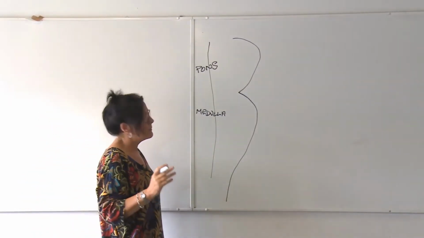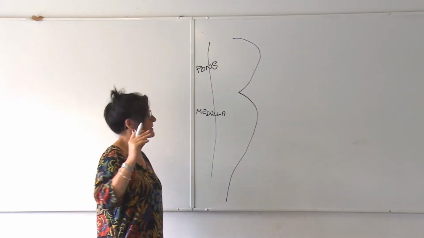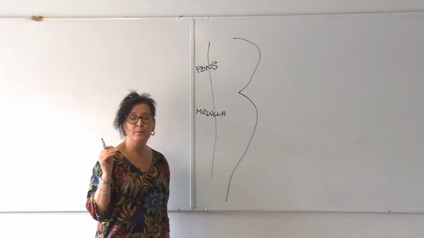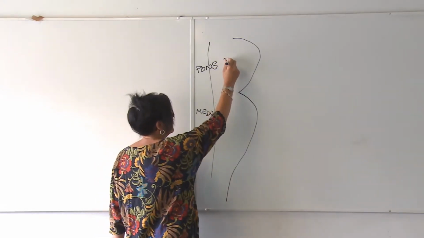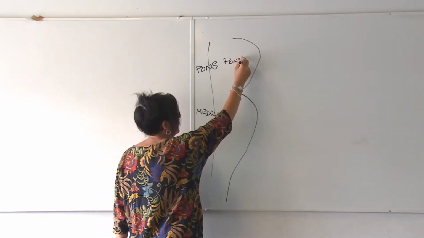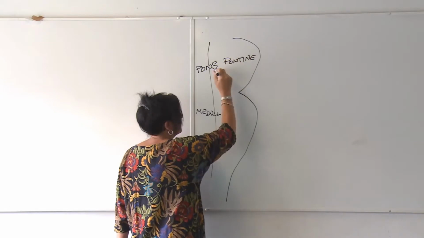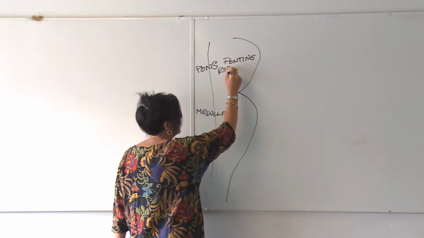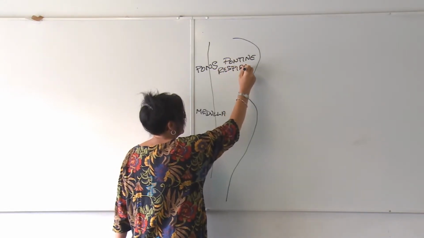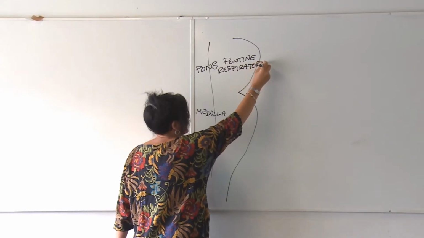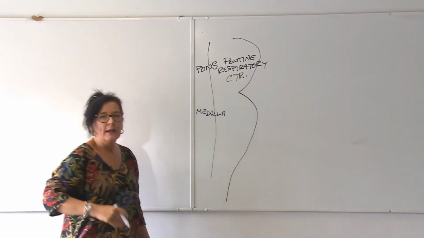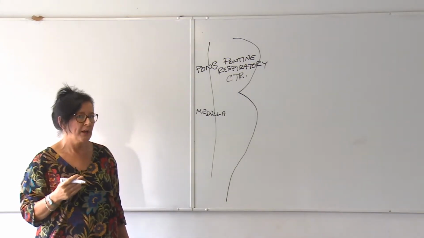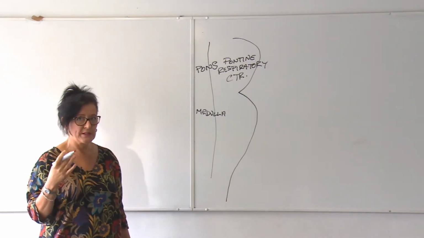Okay, so within those, we'll start at the top. With the pons, we have the pontine respiratory center. Below it in the medulla, we have 2 respiratory centers.